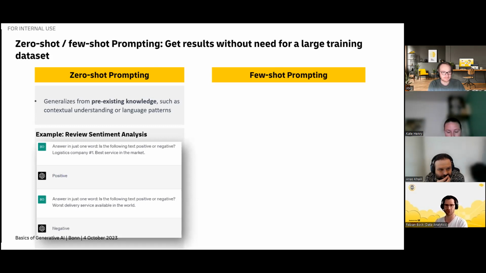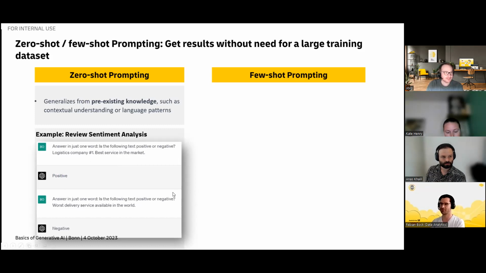For example, there is a Google API you have to pay for to give you a sentiment analysis of ratings on the web. Instead, you can directly use ChatGPT saying, is the following text positive or negative? And it is just making use of all the knowledge it has been trained on before. Like Joerg said, it is trained on 70% of the internet. This is already sufficient to make such a judgment about the sentiment.